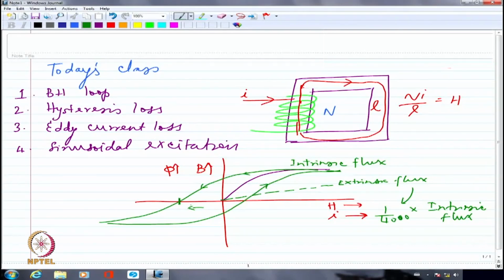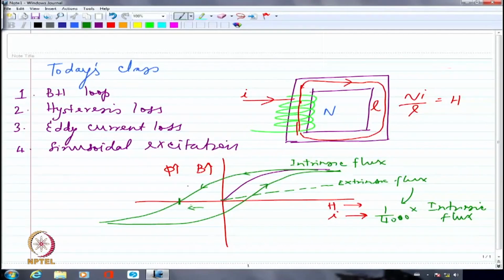So the net value of magnetic field becomes 0 at this point. The current is a non-zero value, because this current has made some of the domains align in the opposite sense. But the domains that were aligned in the forward or previous sense essentially cancel out with each other. So the net magnetic field or flux available becomes 0 at this point.